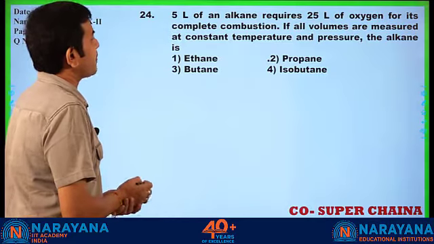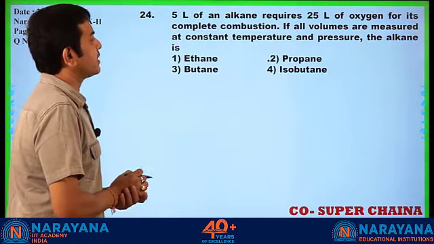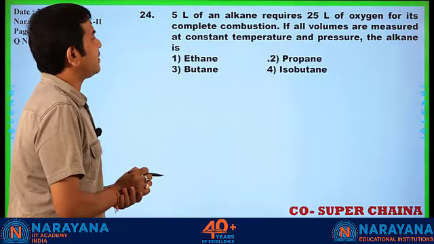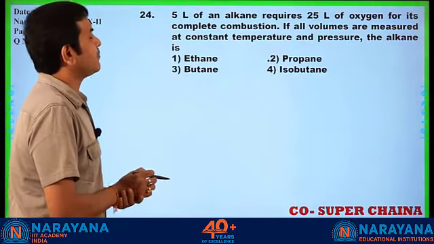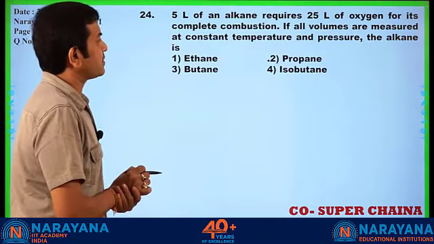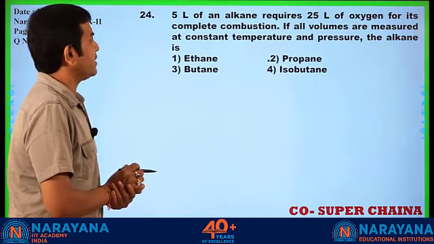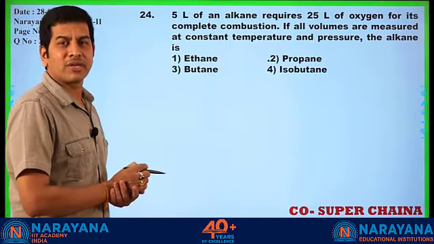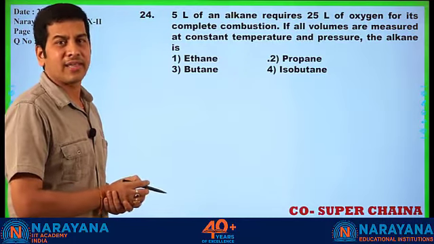Five liters of alkane requires 25 liters of oxygen for its complete combustion. If all volumes are measured at constant temperature and pressure, the alkane is? Okay, one more: the general combustion reaction of alkanes.